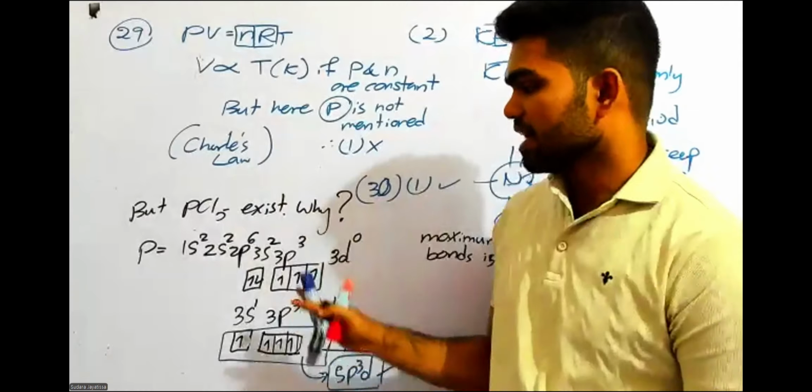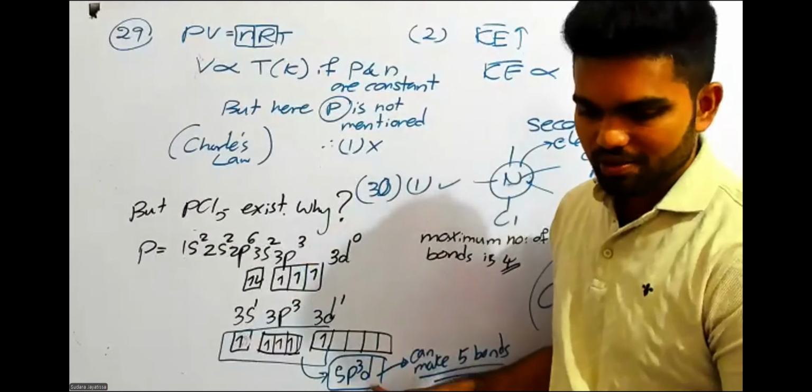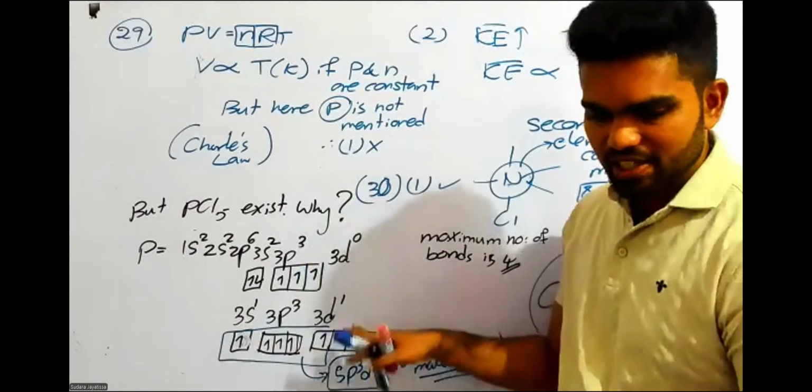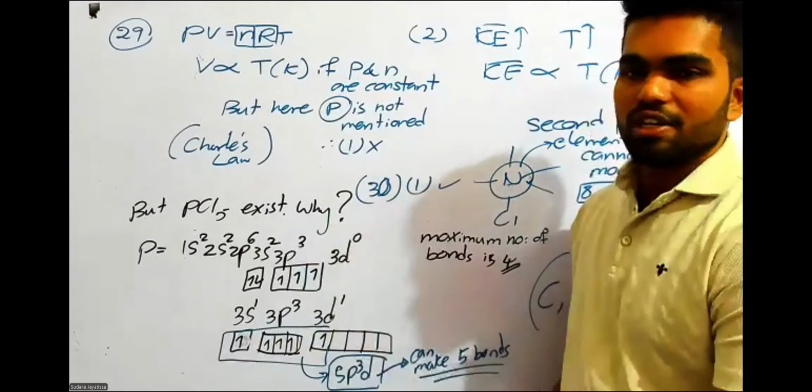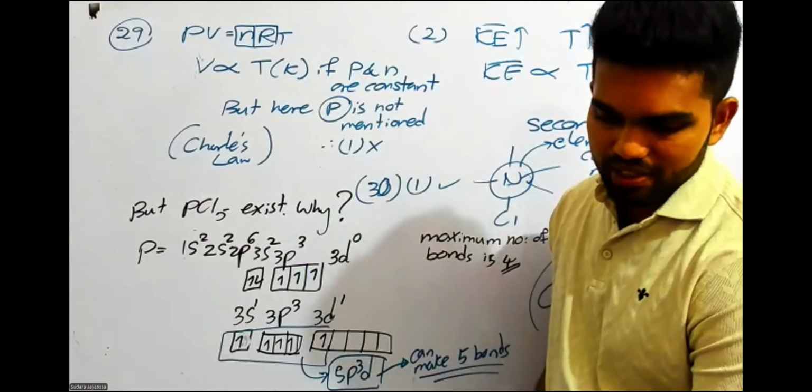Those geometries result from this hybridization. This hybridization is not in your syllabus; I just wrote it for explanation only. But just know, phosphorus could make 5 bonds because it has d orbitals.